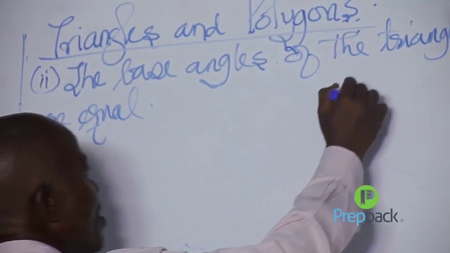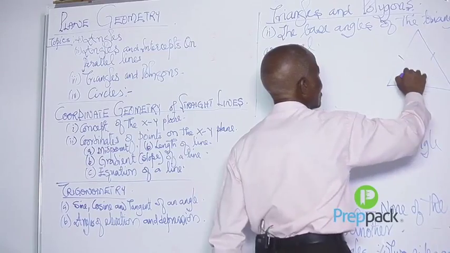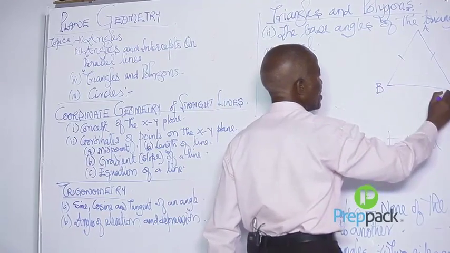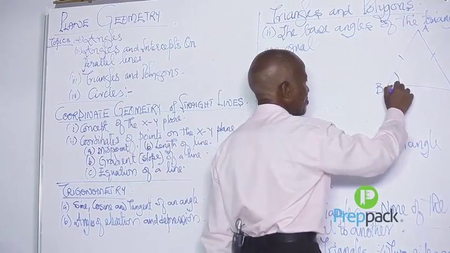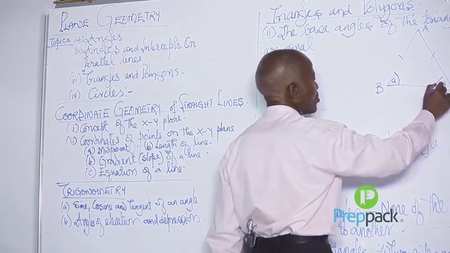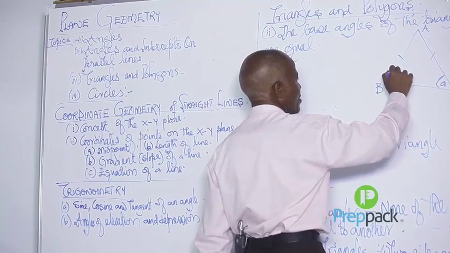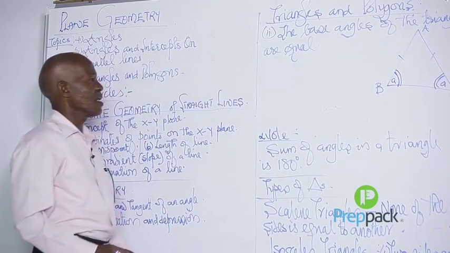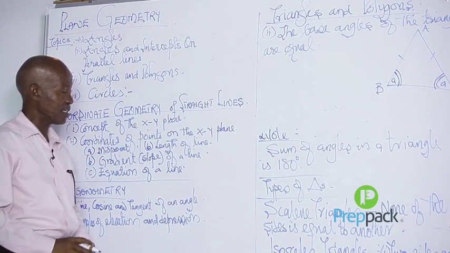So if I have this, it means they are equal. This side AB and side AC, they are equal. And these are the base angles, the angles on the base on which it sits. We can denote it with a single line or a double line, meaning that the angles there are equal. Those are the properties of an isosceles triangle.